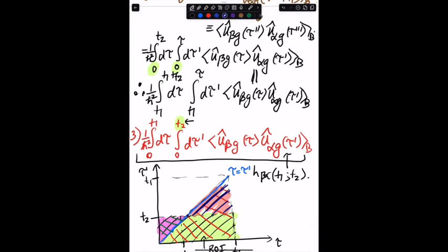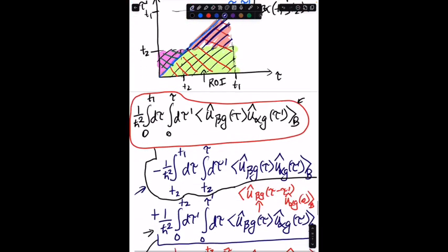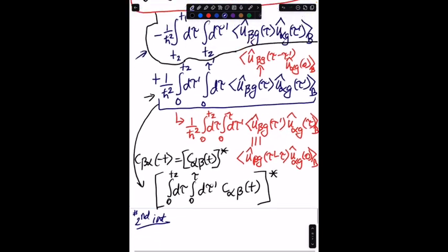Essentially, in this case it's t1 plus t2 minus t1, and that gives the upper bound to your integral here. And then you can simplify your integral very simply. If that's confusing, please look at it very carefully.